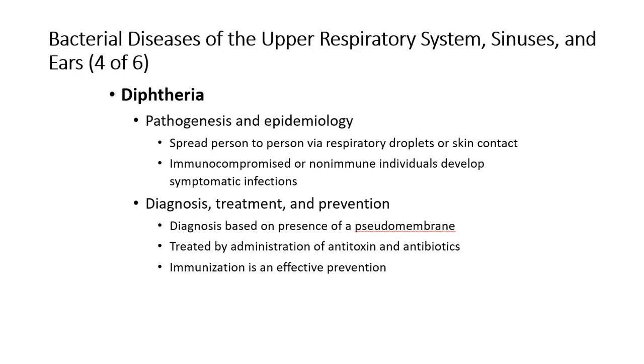Okay, so this is a real good reason why to get the DPT, or if you don't want the pertussis in it, you can get DT, diphtheria and tetanus. But this is one of these that you really don't want to get, diphtheria. There have been in the past epidemics of it, and people have really died. Okay.